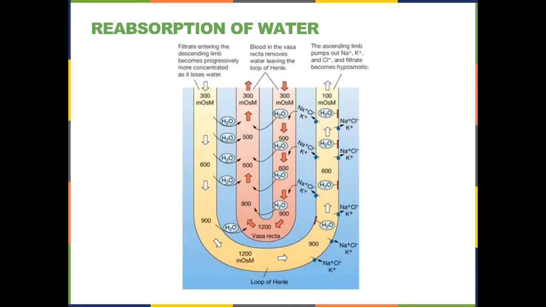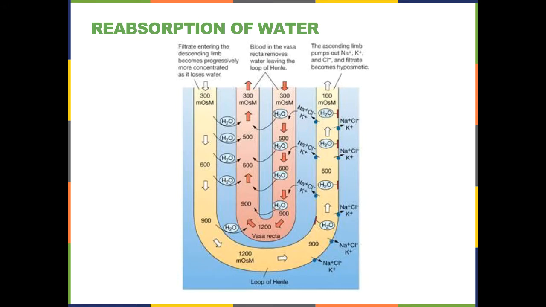This is called a countercurrent exchange system. What happens is the filtrate first enters the descending limb and becomes more and more concentrated because it's going into an area of higher and higher osmolarity. So water is transferred from the urine across into the blood.